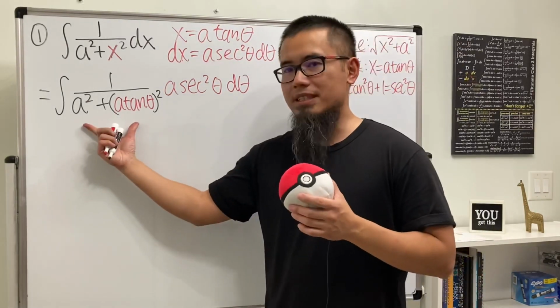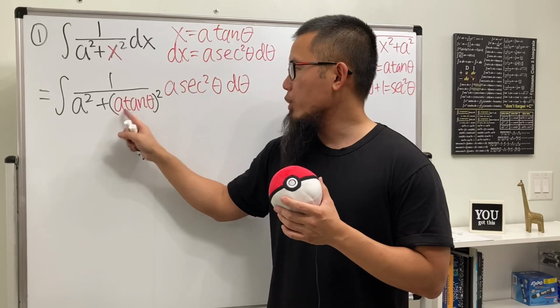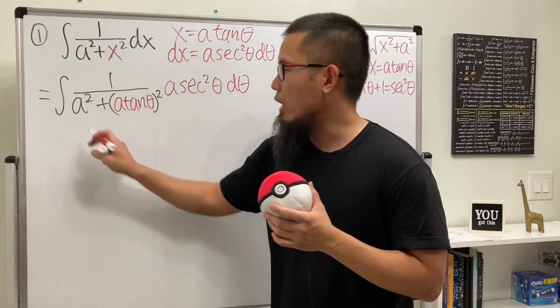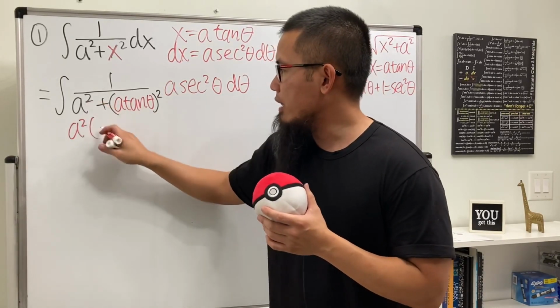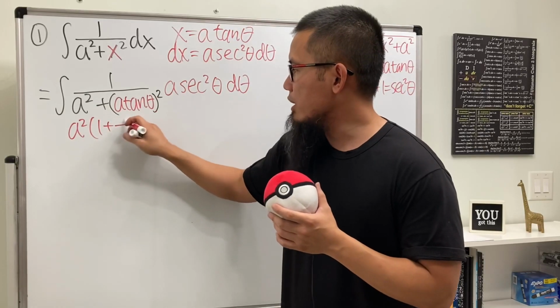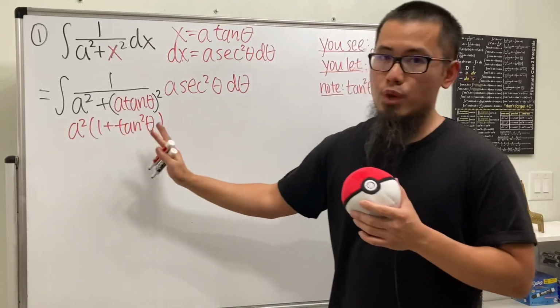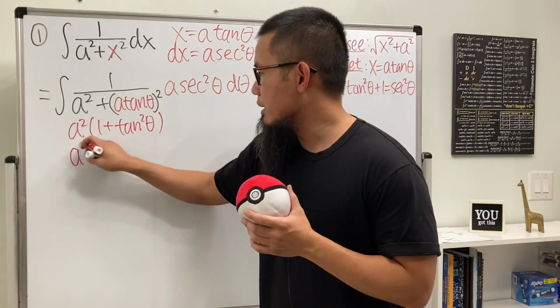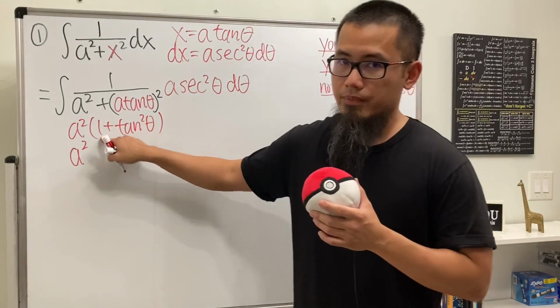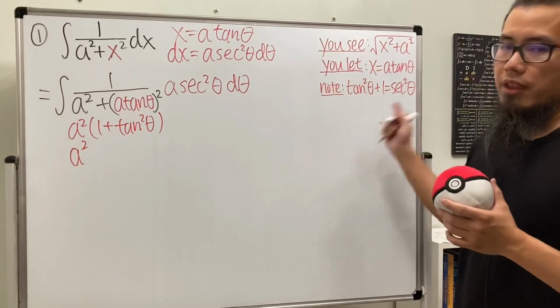Okay, now let's fix this part. Here we have a squared, here we also have a squared, so we can factor that out. Put that down here, and we are left with 1 plus tangent squared theta. This time there's no square root, we'll just keep working on this. You see, this right here is precisely secant squared theta.